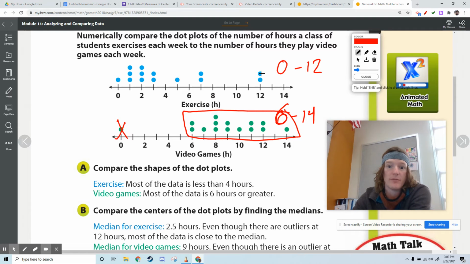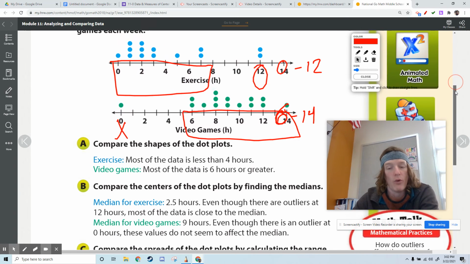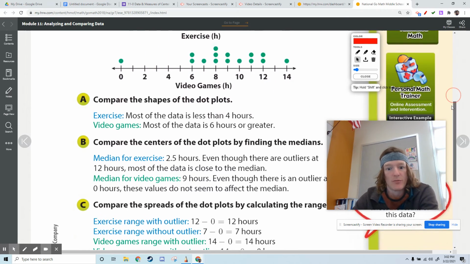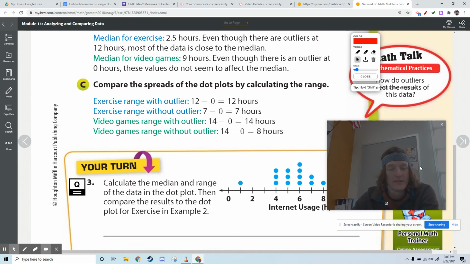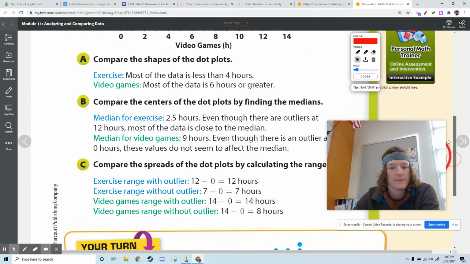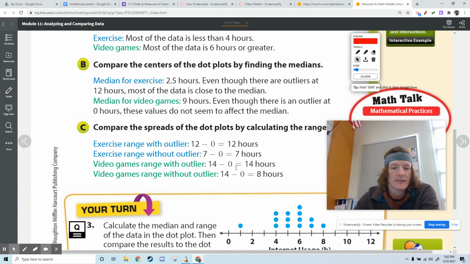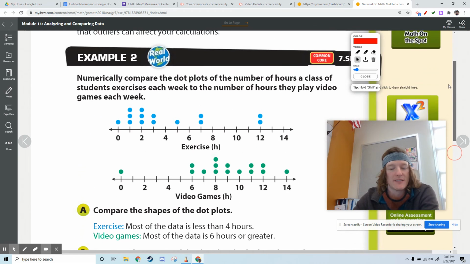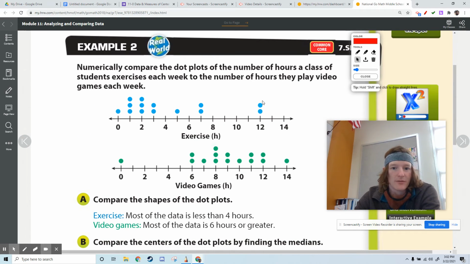Here, we do have 2 people who are at 12, so we can't really rule this out. If this was only 1 dot, then we could probably say this is most of our data, but we've got 2 way over here, so we don't have an outlier. An outlier is like one single point that's way off on its own. Okay. It does look like our book thinks that can be counted as an outlier. So if you do want to rule out this 12, since there is a large gap here, you could say most are in between 0 and 7.